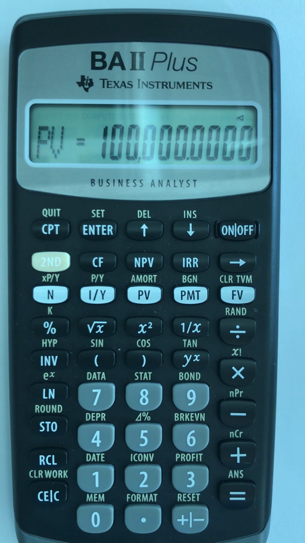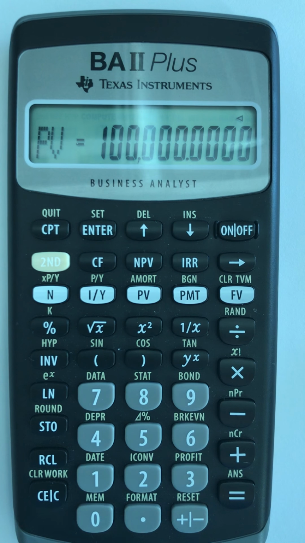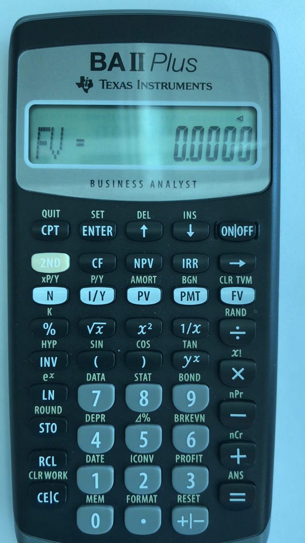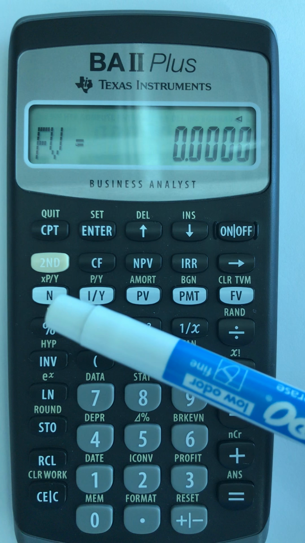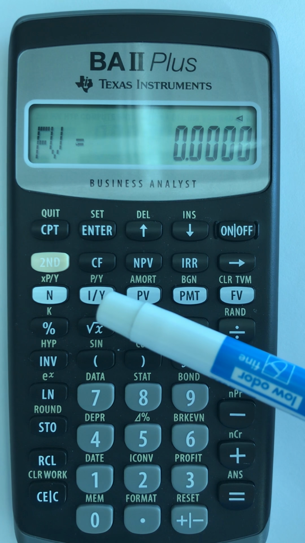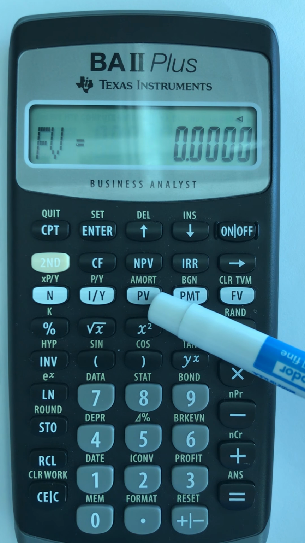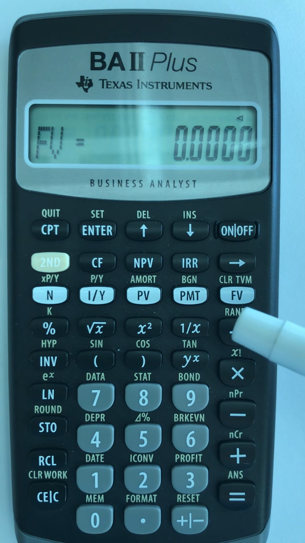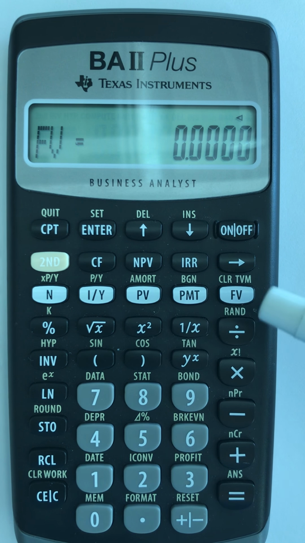And if you pay every single payment on time and in full, the future value of this loan should be 0. So now we have entered the number of periods, the period interest rate, the present value, and the future value, which are 4 out of 5 variables in a loan calculation.